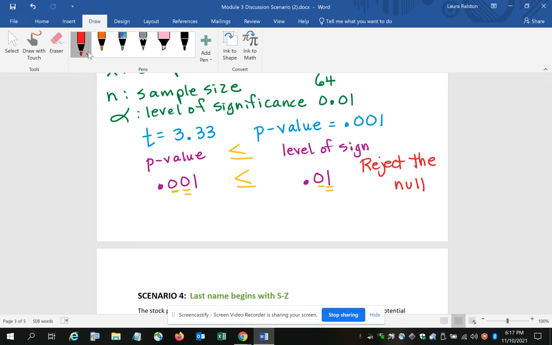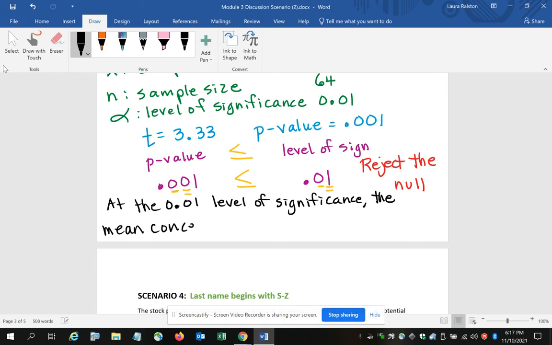So I would write in my conclusion, at the 0.01 level of significance, the mean concentration is not 245 parts per million.